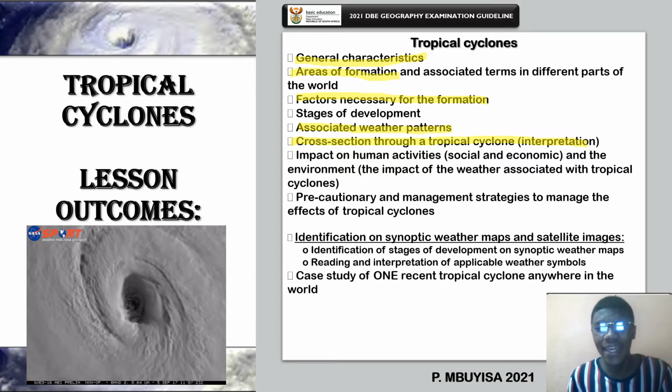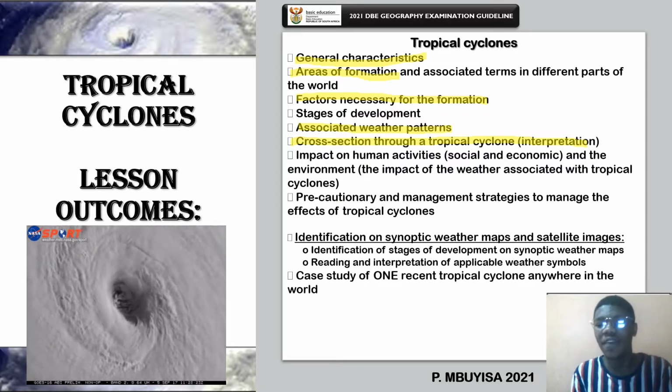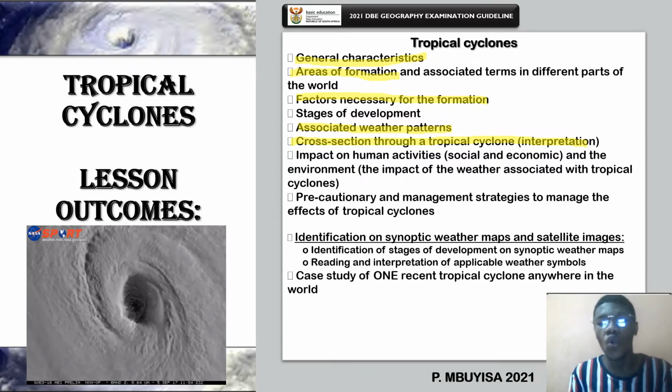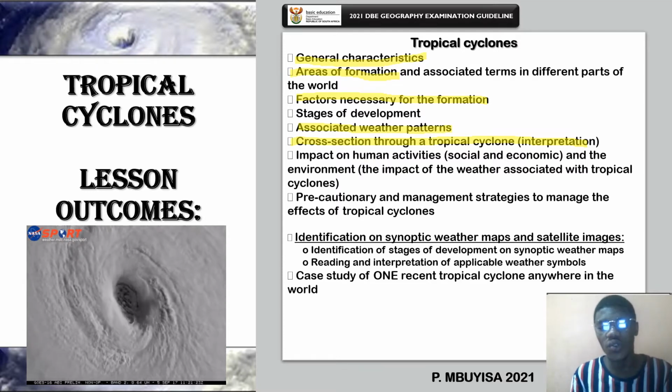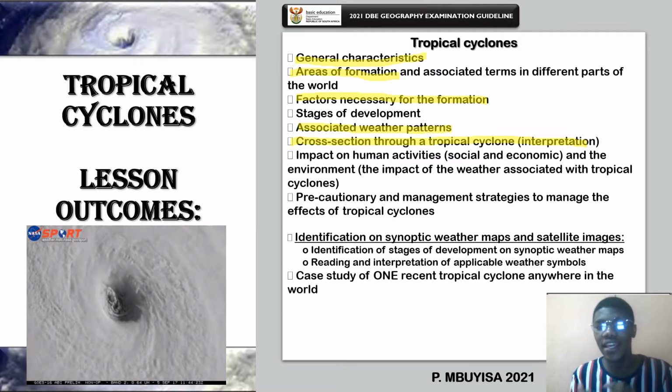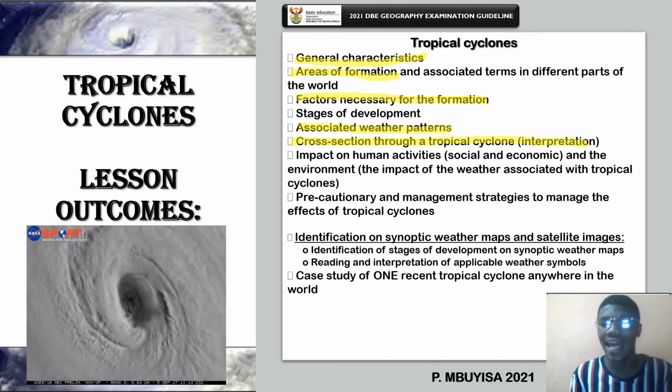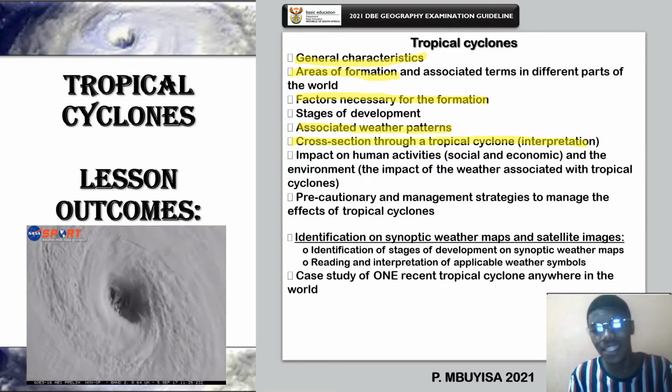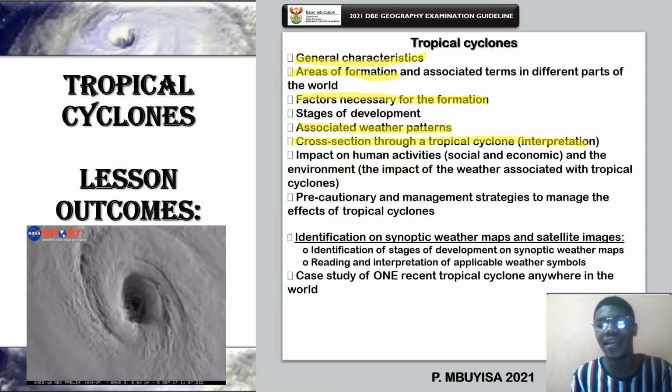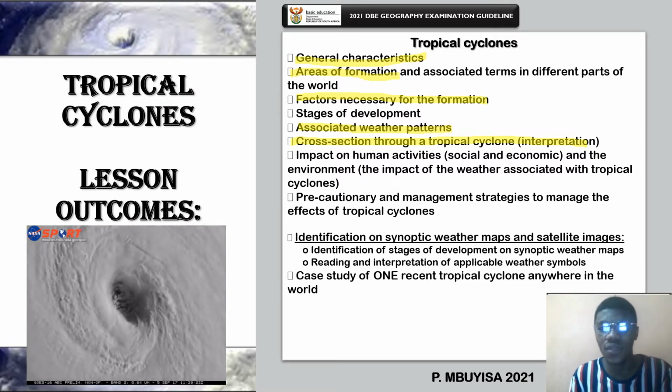Since we are looking at cyclones, remember we defined them as low pressure systems. So a cyclone is a low pressure system. It means that all tropical cyclones are low pressure systems. That's one of the general characteristics associated with this system.